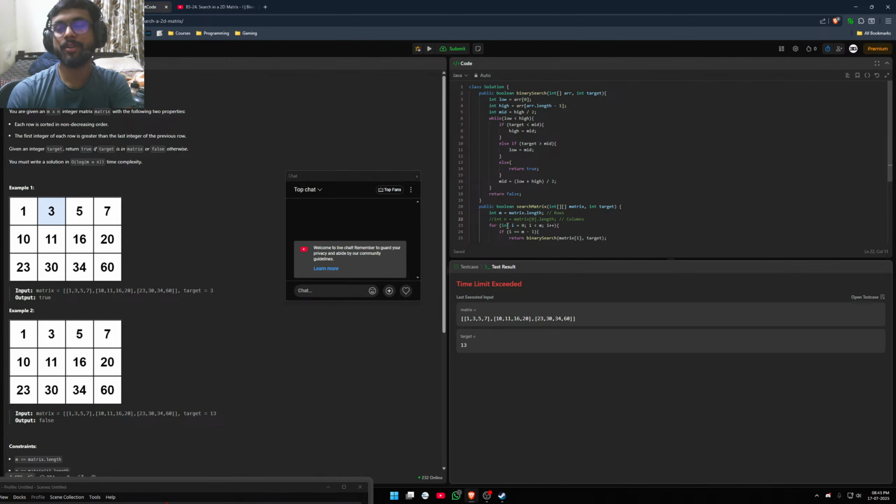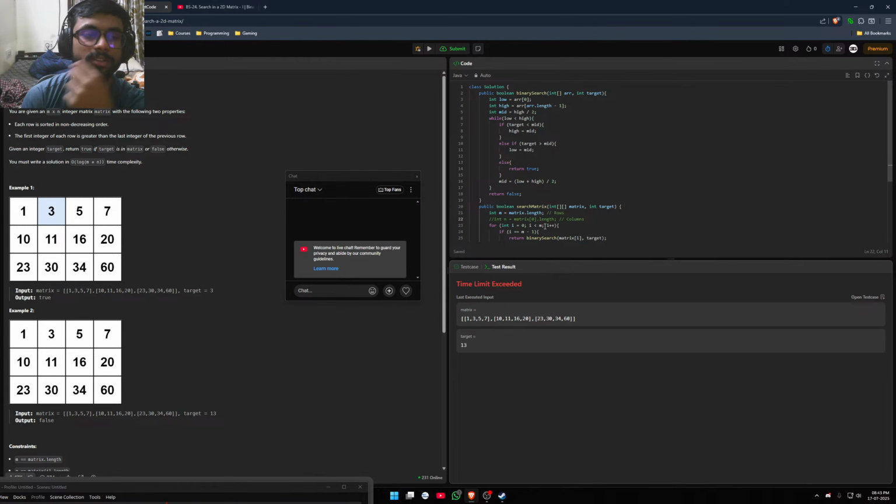So what's the better way of doing this? Instead of iterating through each and every row, can you just take the first and last element of the row, and based on those, we don't even have to put it through the binary search.